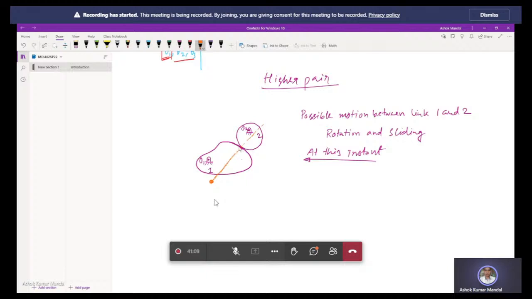Suppose the center of curvature for this surface is, let's say, A, and the center of curvature for this surface is here. So let's take this as point B.